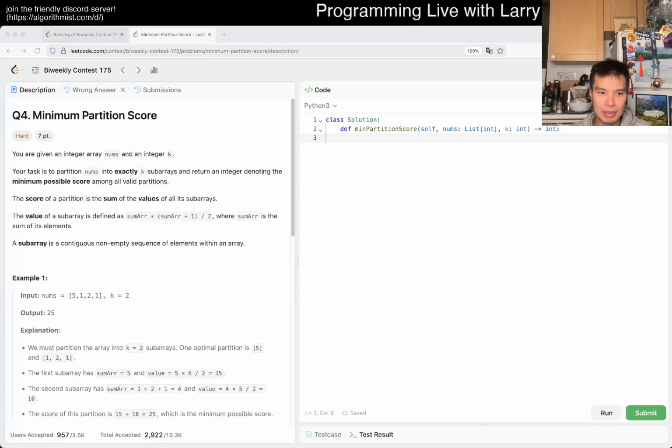Minimum partition score. I don't even see it on the thing. Leetcode is so disappointing. But maybe I did it the wrong way. Maybe I was just thinking about a different thing.